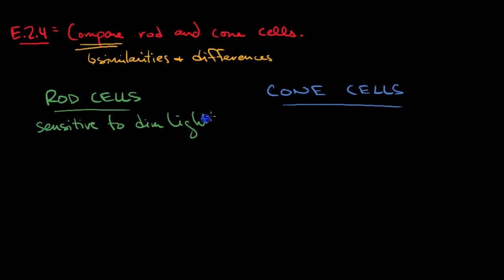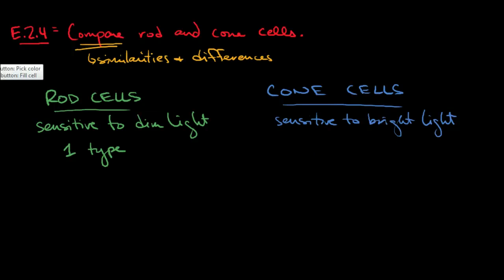They actually don't work well in bright light, whereas our cone cells, as a difference, are sensitive to bright light. Okay? As far as the types of rod cells, there is only one type of rod cell, but there are 3 types of cone cells. That's right, 3 types of cone cells. So we're going to talk about those in just a moment.